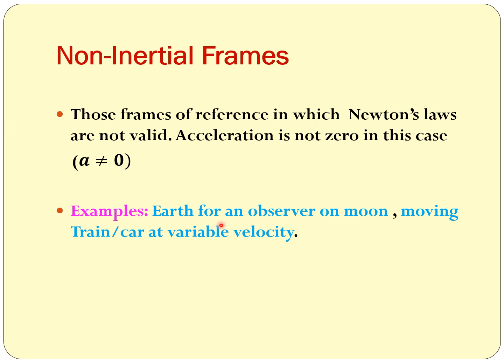And Earth usually has some very small acceleration, and usually we take it as an inertial frame for a person on Earth, but we can take the Earth as a non-inertial frame for a person observing from the Moon or some other planet. So in that case, Earth can be treated as a non-inertial frame.